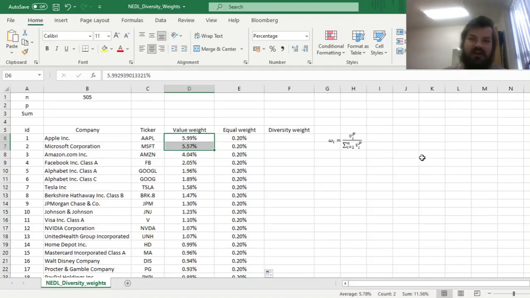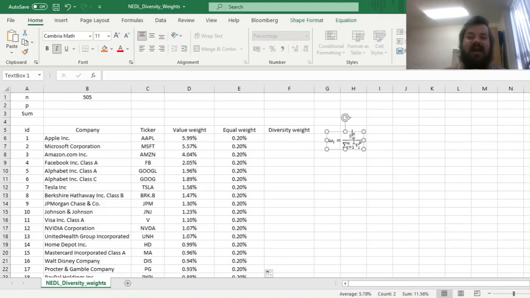And the mathematical logic behind diversity weights is very simple. You pick a number between 0 and 1, and you weight not according to just linear market caps and the relationship between an individual stock's market cap and the sum of all other market caps, but you raise it to some power between 0 and 1.